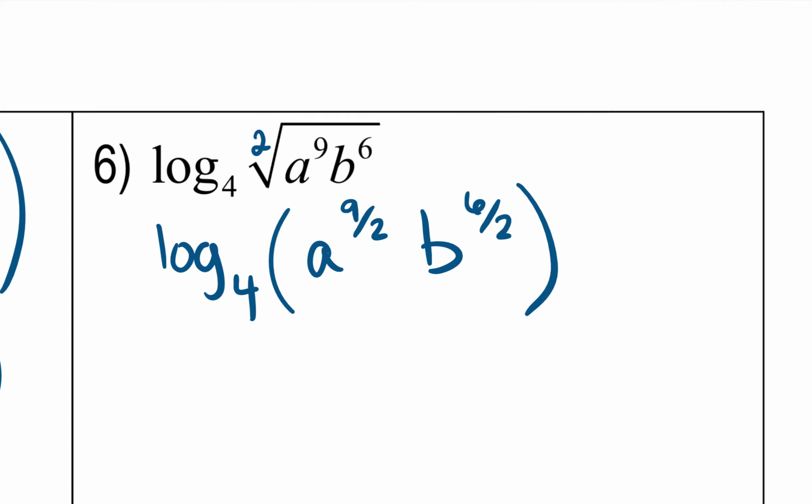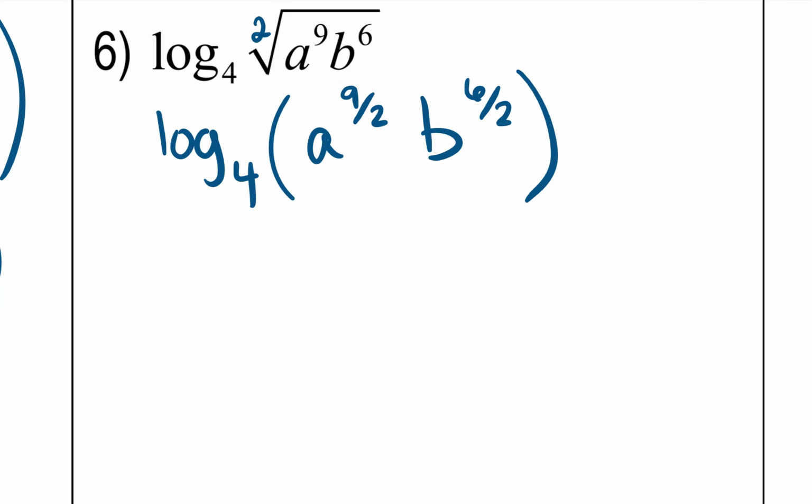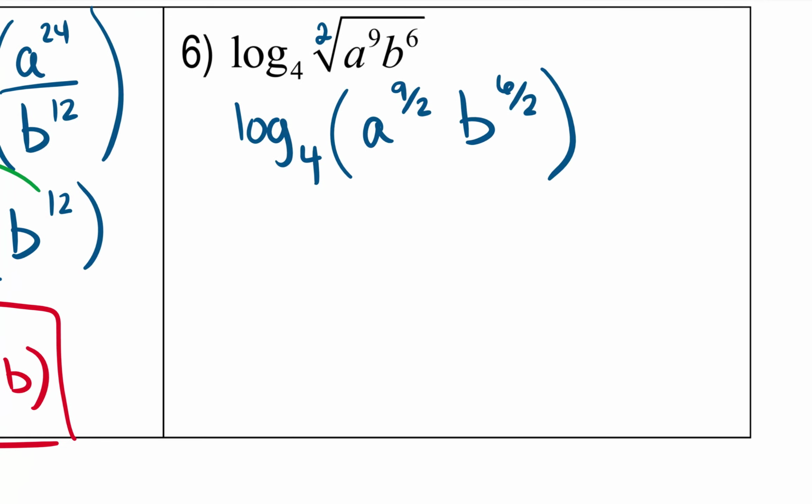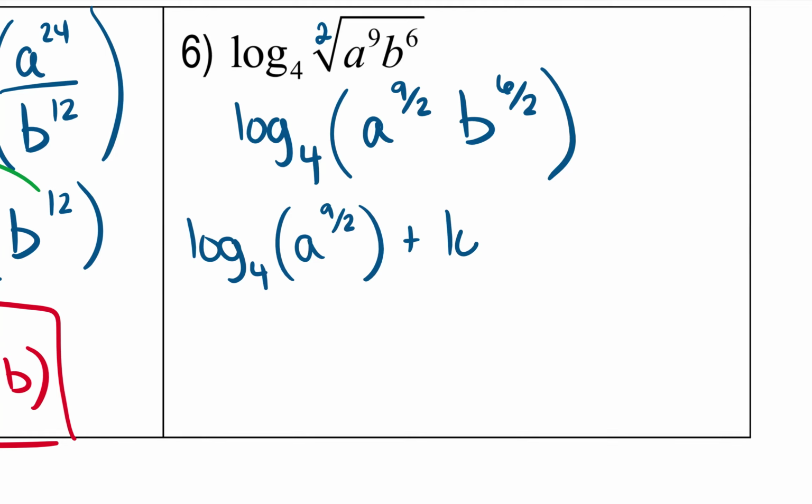Alright, now if you want, you can reduce the exponents. If you can, that's fine. Or you know what, let's go ahead and split it up. I'll do that first. You can do it in any order you want to, really, from here. So I'm multiplying, so I know I'm going to add. So I have log 4, so a to the 9/2 plus log 4 b, and then 6 divided by 2 is just 3, so I'm just going to write that.